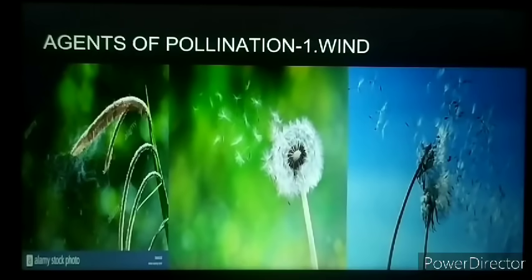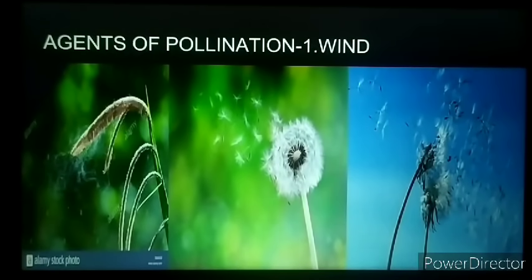The pollen grains are small, very light in weight, smooth and also dry in nature, so that they can be easily carried by the wind. And the stigma of these flowers is large and feathery, so that it can easily catch the pollen grains which are flying in the wind.